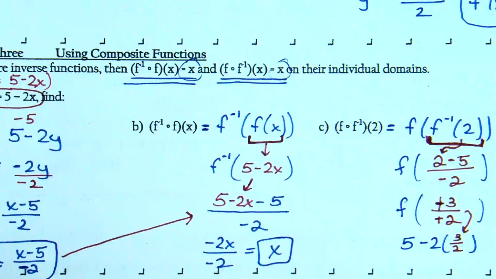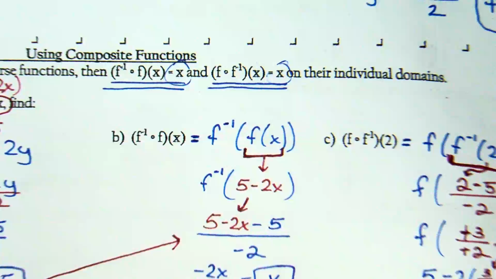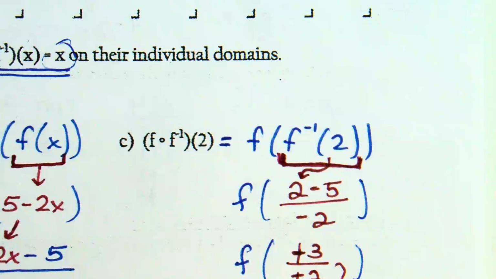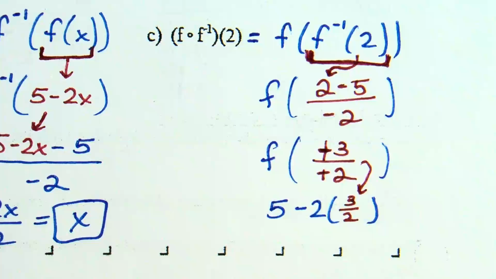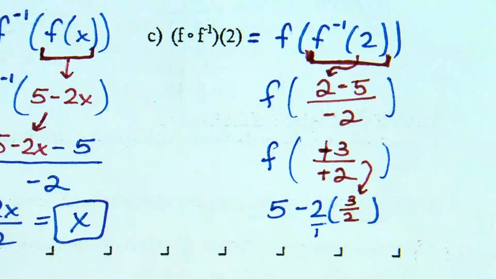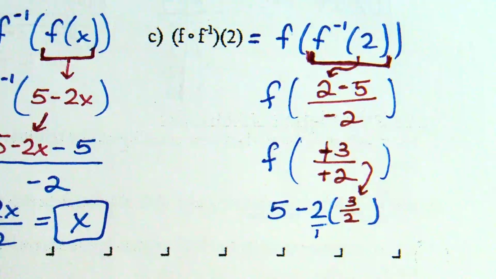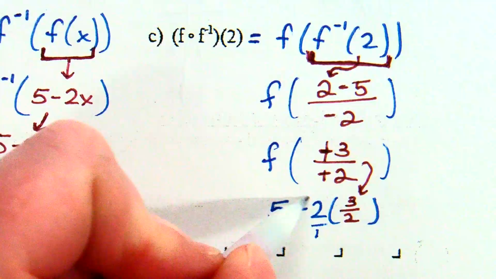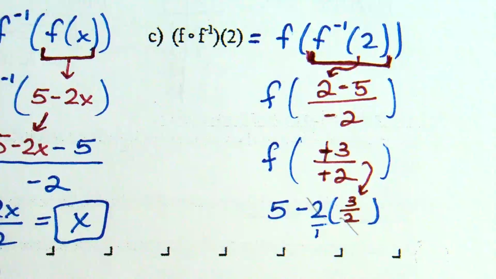Okay, don't let the fraction scare you. Oops, sorry. Got a little crazy there. What is 2 times 3/2? You can think of the 2 as a fraction by saying 2 over 1. 2 on top and a 2 on bottom cross cancel, and so that becomes 3. 3's on top, so it's 3.